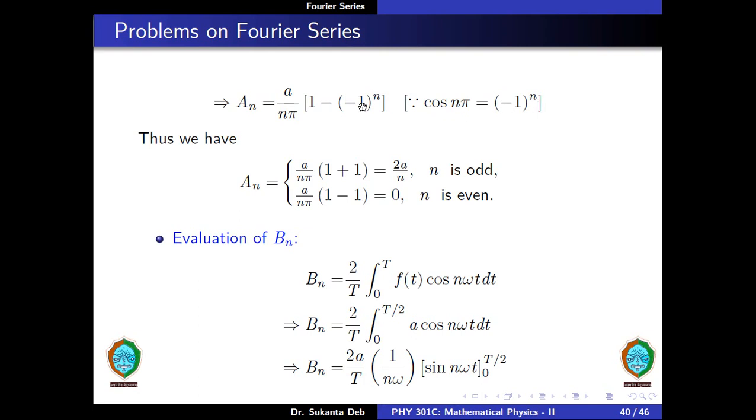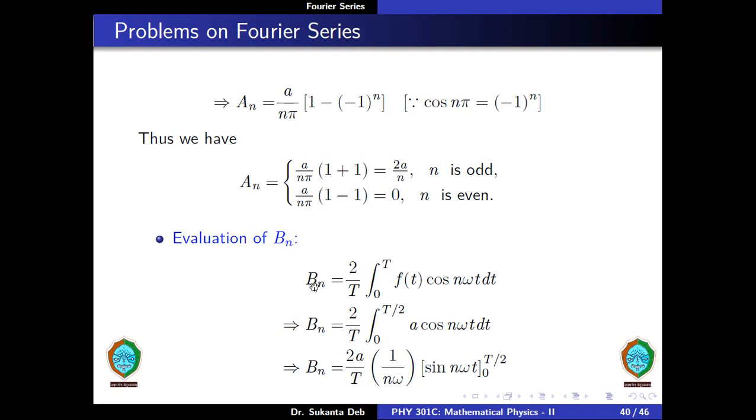If n is odd, then we will get this value to be equal to minus 1, so 1 minus minus 1 will be plus 2, and for even n it will be simply 0. So when n is odd, we get an is equal to twice a by n pi, and an is equal to 0 if n is even. So only the odd terms will contribute to the coefficient an.